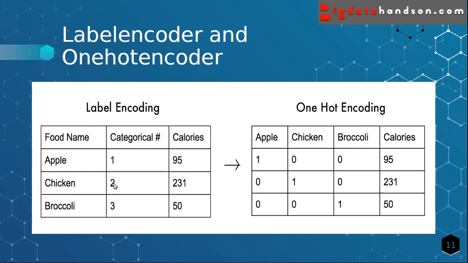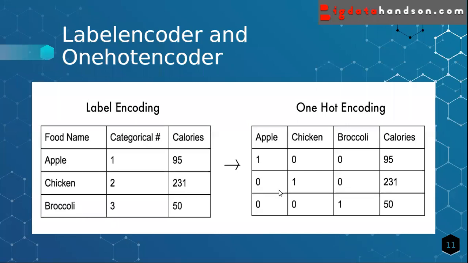So for that, what we'll do is create a separate column for each and every category. For apple we'll create a column, for chicken another column, for broccoli another column. These columns contain only 0 and 1s. If apple appears, put 1 there, and the other categories will be 0. If chicken appears, put 1 on chicken, others will be 0. If broccoli appears, put 1 for broccoli, others will be 0.